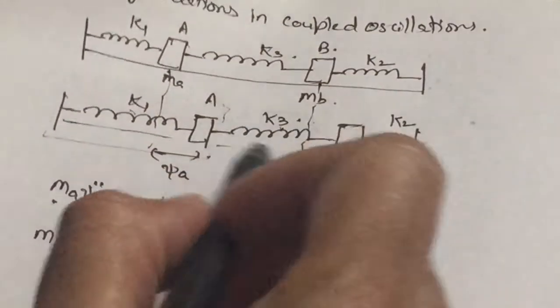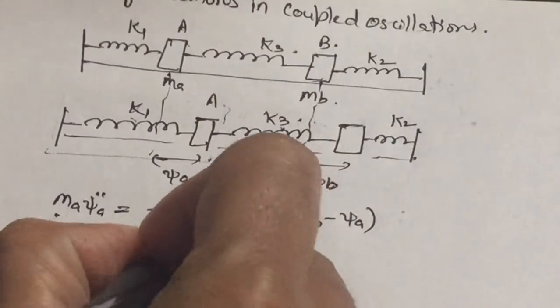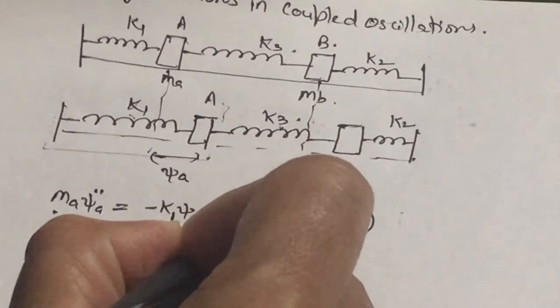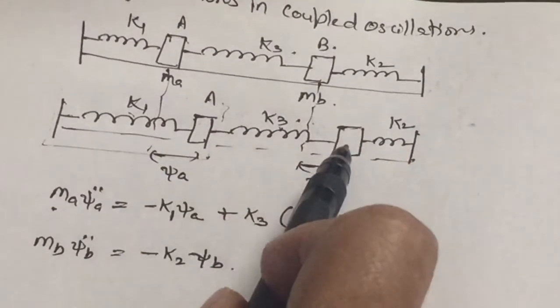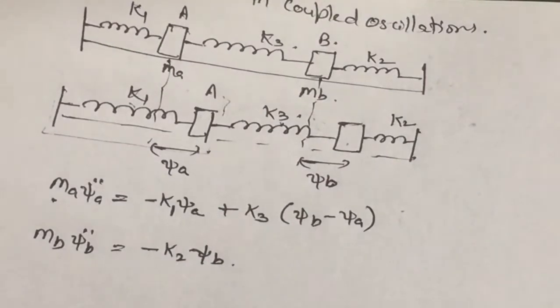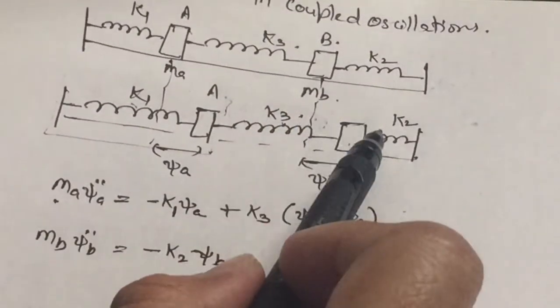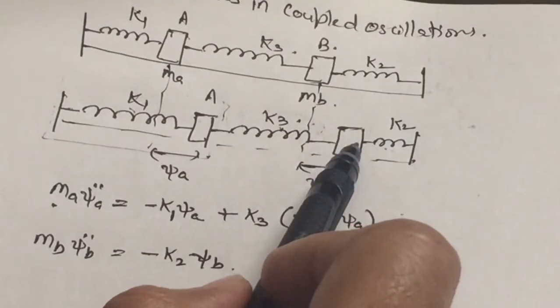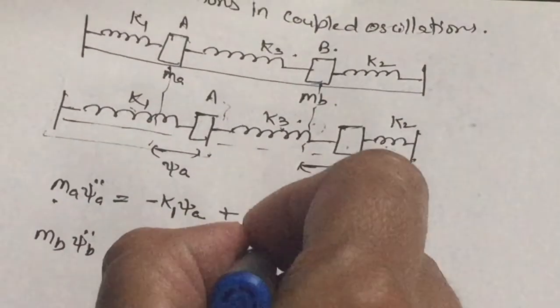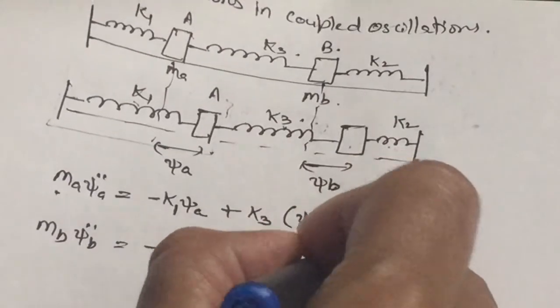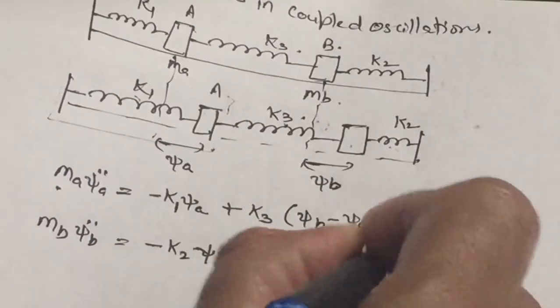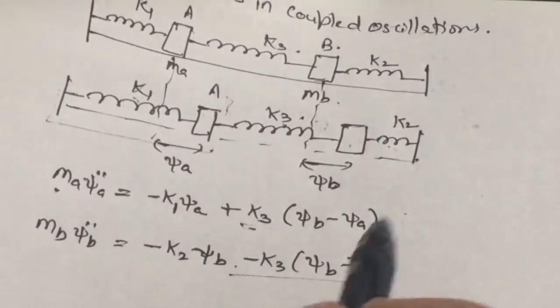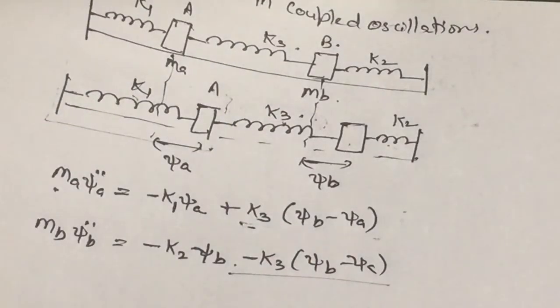And if the coupling spring is absent, we will have this equation of motion for the second particle, that is our B particle. But due to the presence of K3, there is a change in the motion of the second particle, and it is given like this: K3 times psi B minus psi A. It means this extra factor is due to the coupling effect.